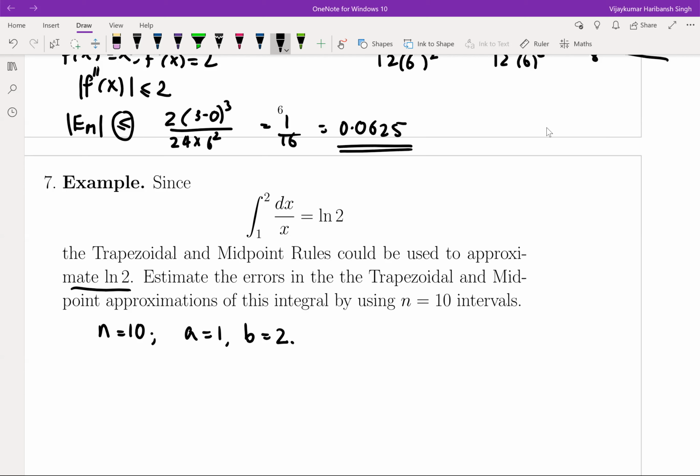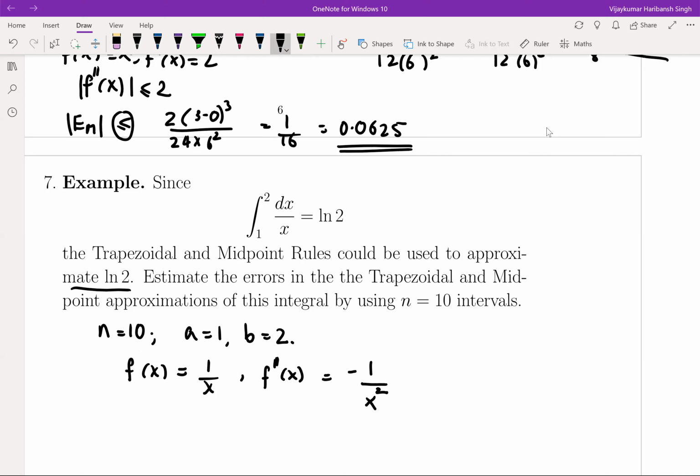So now we need what? K. So for that we need the second derivative. Sorry, so f of x is 1 over x.